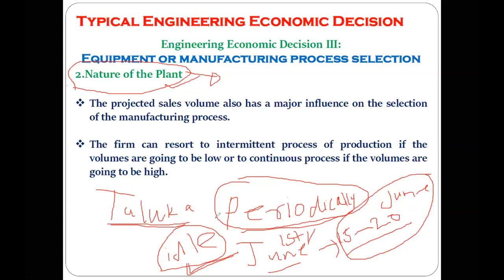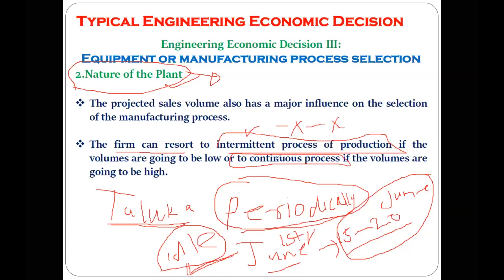Understood? Based on that, a firm can resort to the intermittent process of production, or the company can choose the continuous process of production. Intermittent means sometimes on, sometimes off.